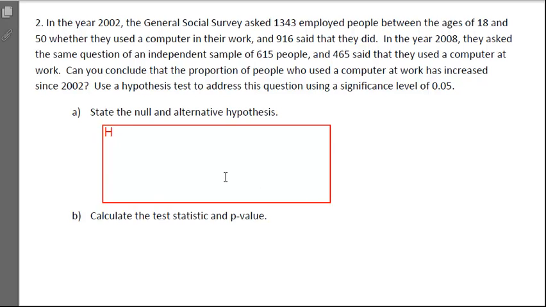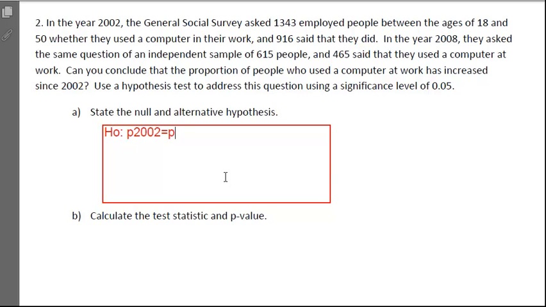And the null hypothesis would be that the proportion from 2002, I usually subscript that, but can't do that with programming in now. So I'll just put 2002. You could call it P1 or subscript it with whatever is appropriate.